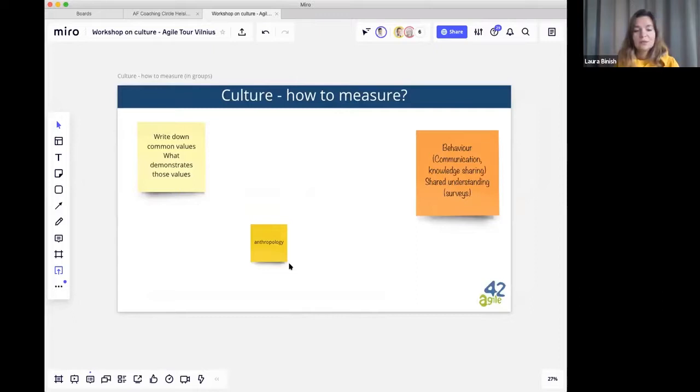First of all, it was important to make sure that the shared values are really shared, not that every separate person thinks these are the shared values when they're actually different. So make those values explicit, discuss what behaviors demonstrate those values or the opposite of those values, and then measure that.